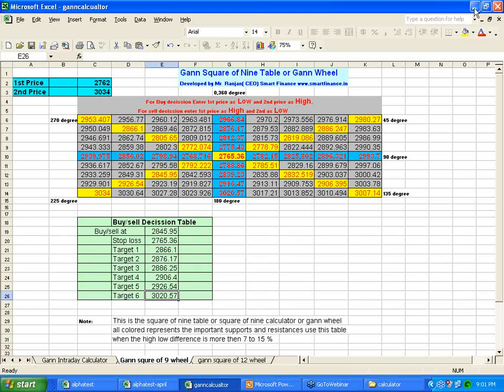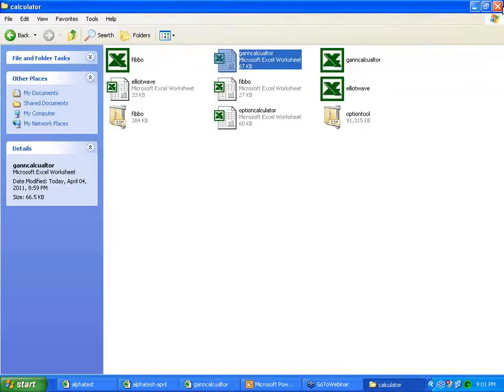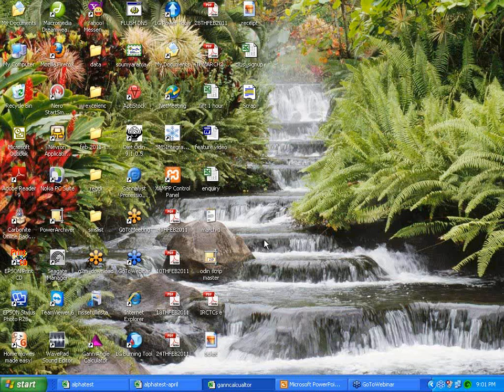The square of 9 constructions and other procedures you can get in the Gann course, and you can also get some web resources. So these three approaches will guide you in deciding where to purchase, and volatility will give you the finest clue where your final target will be as per the current volatility situation.